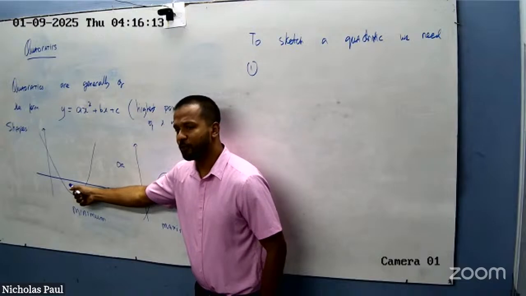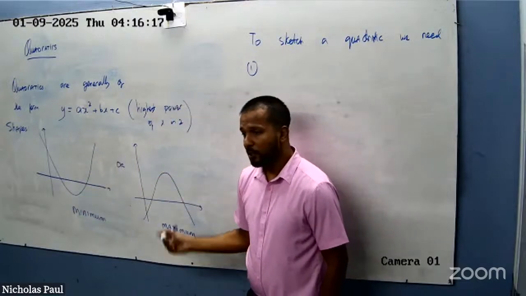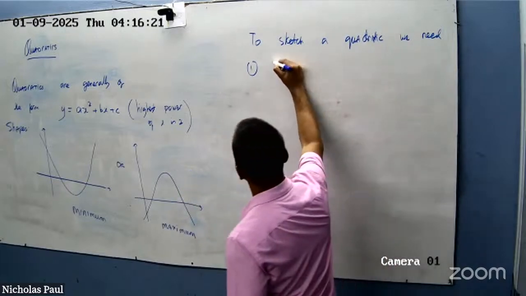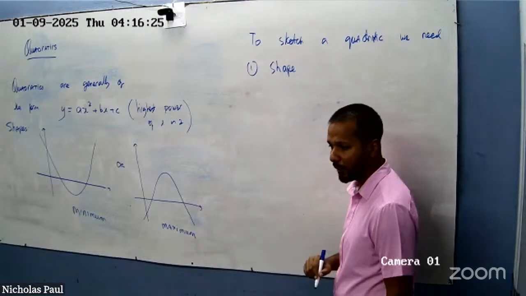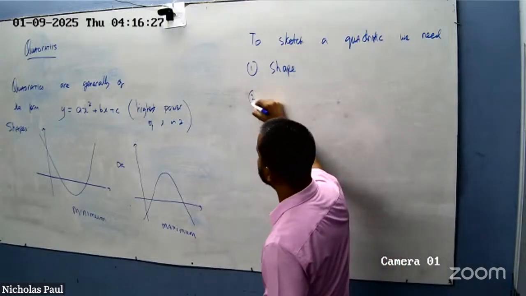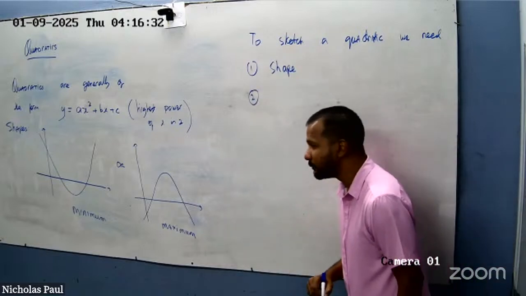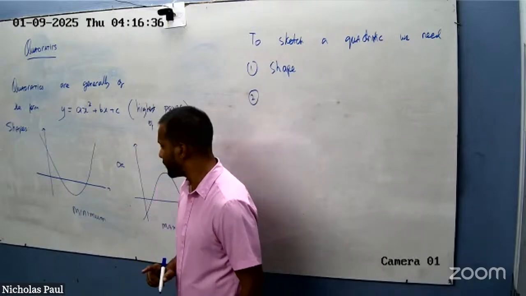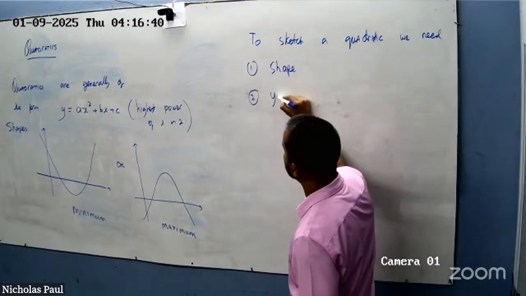So the two shapes are what again? Minimum and maximum. I'll show you how to get that in a little while. The second thing we need is something called the y-intercept.